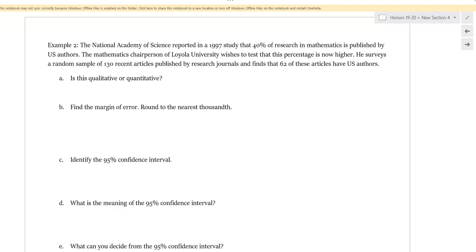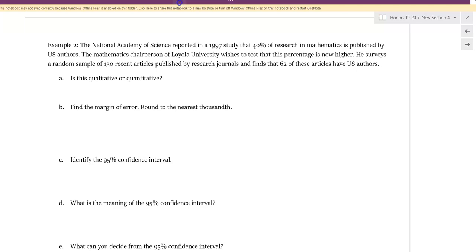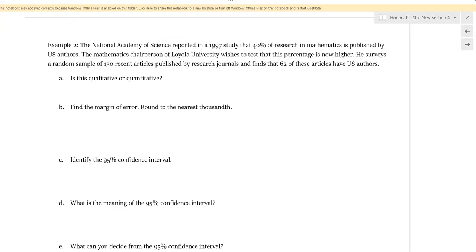He surveys a random sample of 130 recent articles published by research journals and finds that 62 of these articles have U.S. authors. Is this qualitative or quantitative? What I'm actually asking is, does this have a U.S. author? That's yes or no. There's no number in the question we're asking. So this is qualitative, and we're going to use our qualitative margin of error.